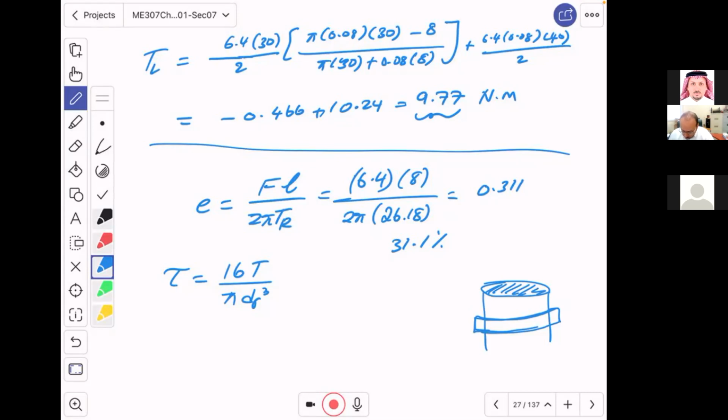Why? Because if I use the raising torque, this is what's going to happen. I will put 16 multiplied by the raising torque, which is 26.18 multiplied by 1,000, divided by pi, and then I have the diameter, which is 28 cube. You will get the stress as 6.07 megapascal.